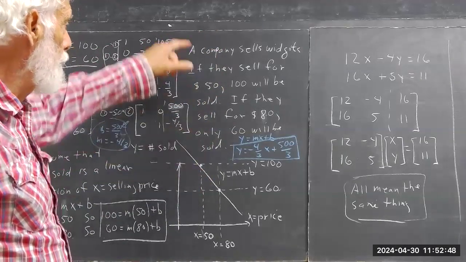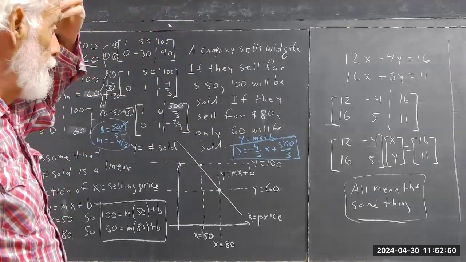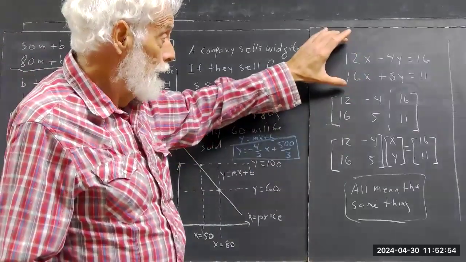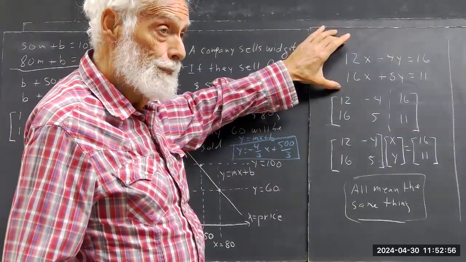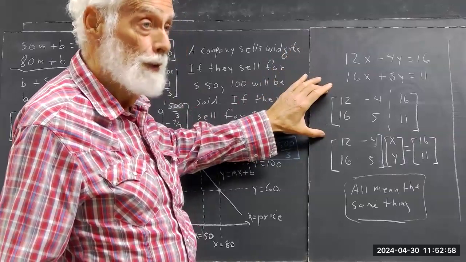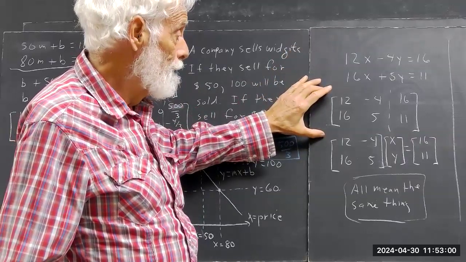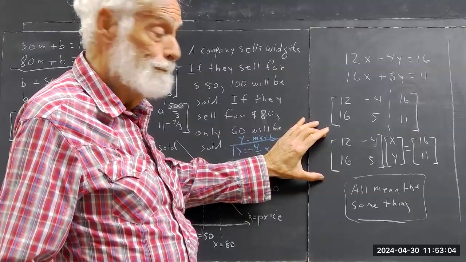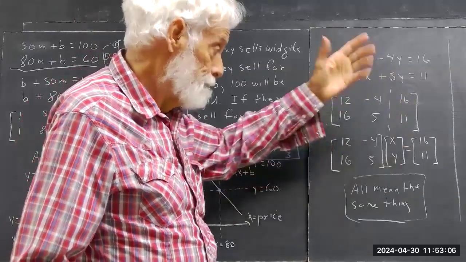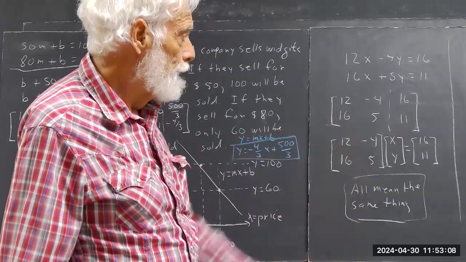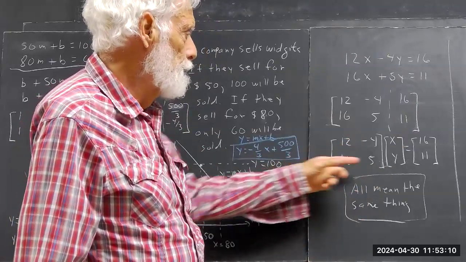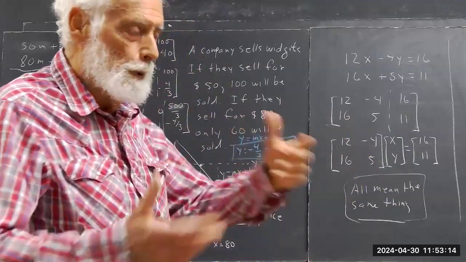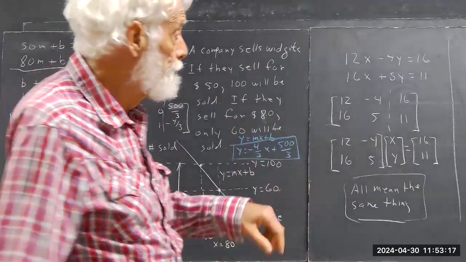Here's the problem. A company sells widget. Okay, let me back up. Just on the matrices. Understand that this means the same thing as this. Means the same thing as this. Okay? If you multiply this out, you get the equation. I'm not sure we really addressed this here, but we did in the earlier part of the video.